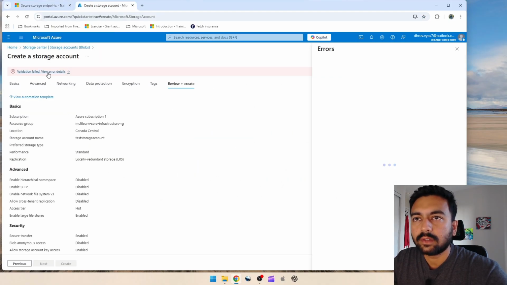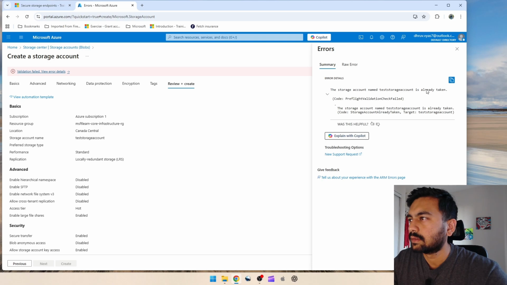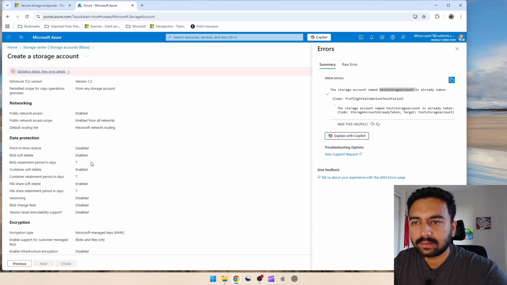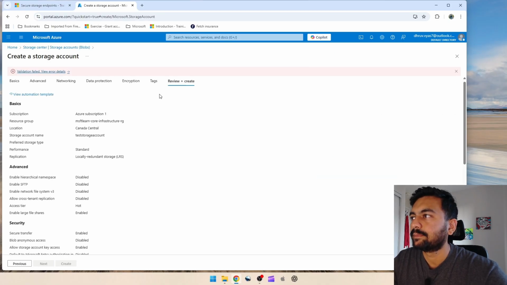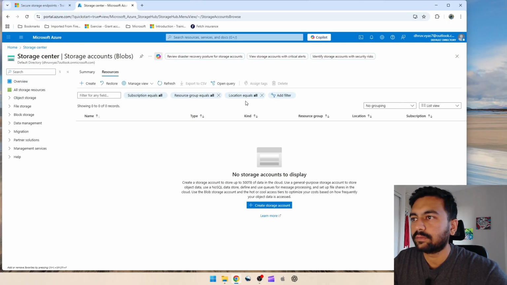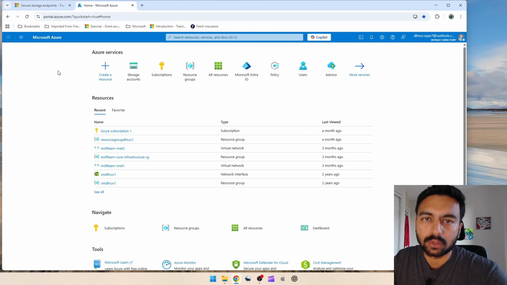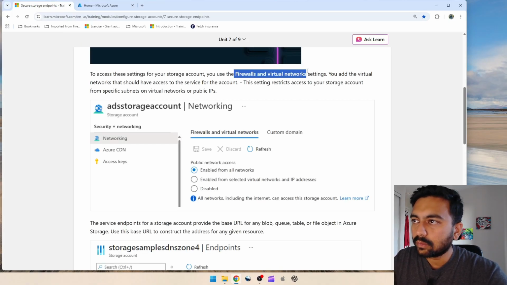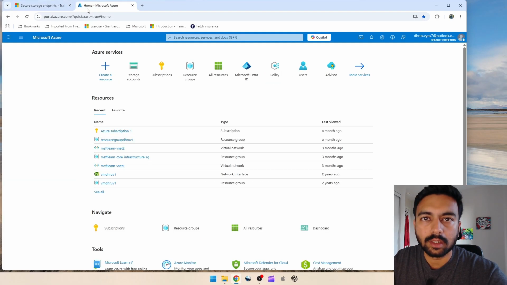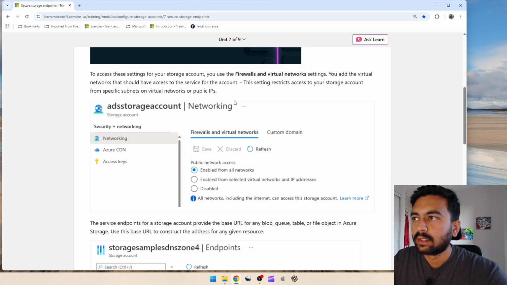Validation failed, view error details. Oh, it has to be a unique name. Anyway, we are out of time today, so we won't be testing this. My goal was not even to create this and go through the virtual network setting, but just to show how it works in practice.